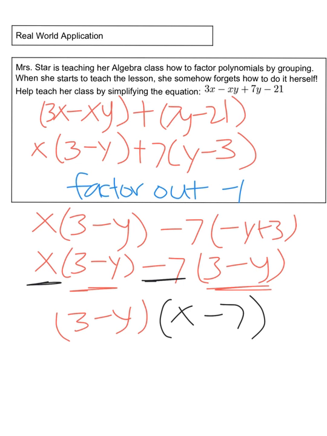Now we can switch 3 and negative y so that both parentheses are equal. So we get x on the outside and 3 minus y on the inside, and in the second group we get negative 7 and 3 minus y. Now we can factor out 3 minus y from both groups, and we're left with x minus 7, and that's your final answer.